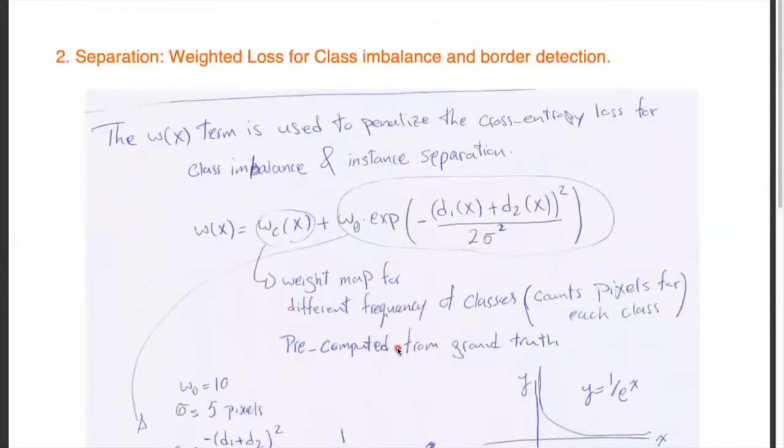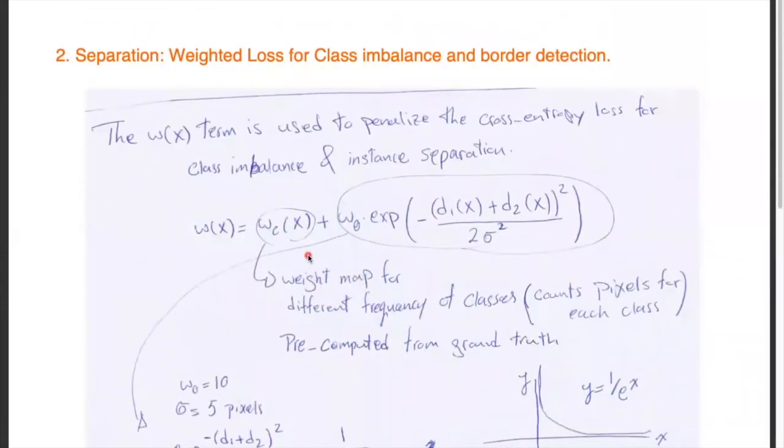I think that's an important feature for this network, is they add this weight function to the loss function. It's composed of two primary parts. The first part, WCX, is the frequency of the classes. This is used to compensate for the class imbalance. As I said, in the biomedical imaging part, especially for the cell, when you take a microscopic picture of cell, it's mostly covered by cells.